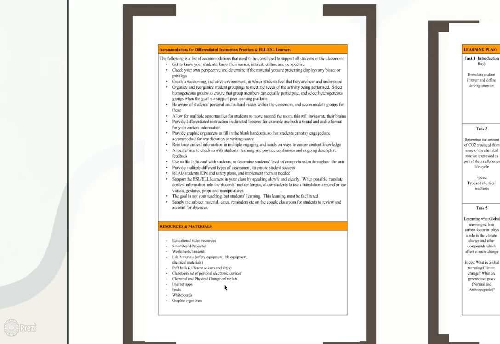So, I mean, it looks like I did make some sort of accommodations, but they are very superficial accommodations. They didn't really speak to anyone or individuals in my classroom, and they didn't really address the fact that ELL students are at different steps, so they're not all at the same development in their English language proficiency. So stuff like speaking slow and clear, of course, would help and be beneficial to all my students.